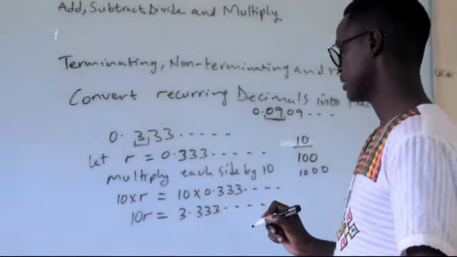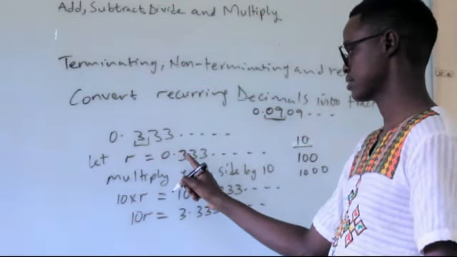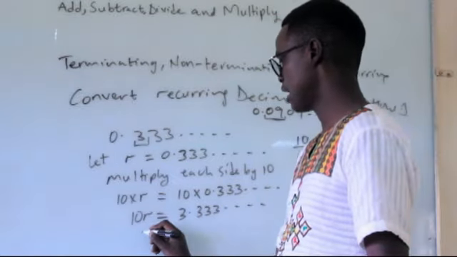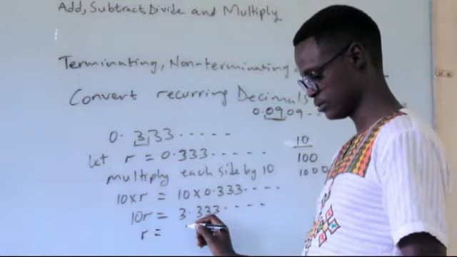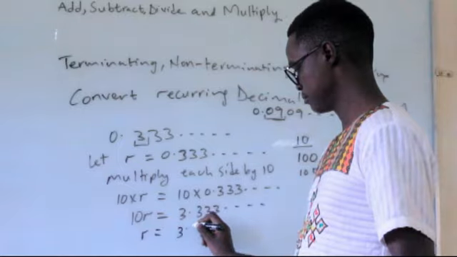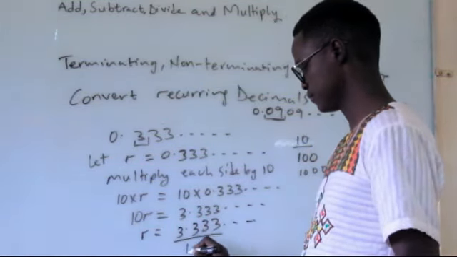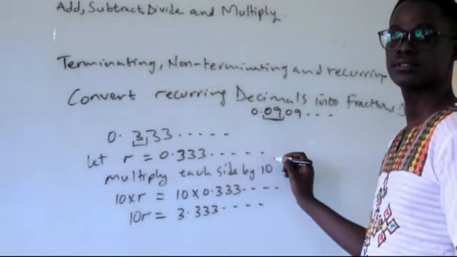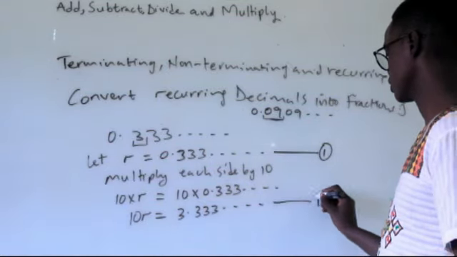Now the next thing we do is we want to remain with r, our decimal, alone. So r equals 0.333 and the values. Call this equation 1, call this equation 2.